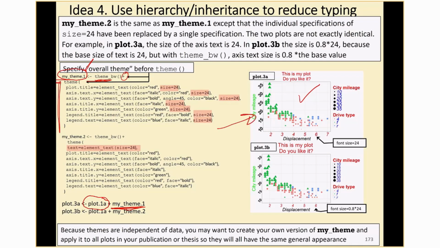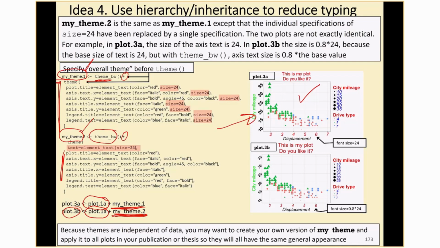Where did plot 3B come from? It started off with the same really old plot 1A and added My Theme 2. And what's My Theme 2? My Theme 2 is an object that consists of theme black and white, added to it all these thematic components. And so, if you recall what I said at the very outset, the whole idea of themes is that they refer to those features of the plots that are data independent.